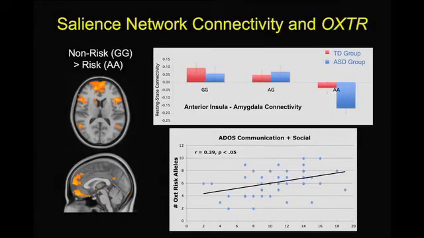So what I'm showing you here is a very nice, significant correlation between the ADOS communicative and social subscales indexing autism symptom severity and the number of oxytocin risk alleles that a child had.